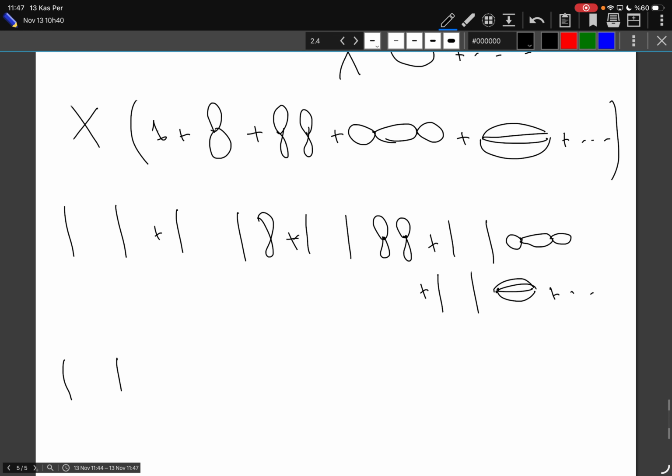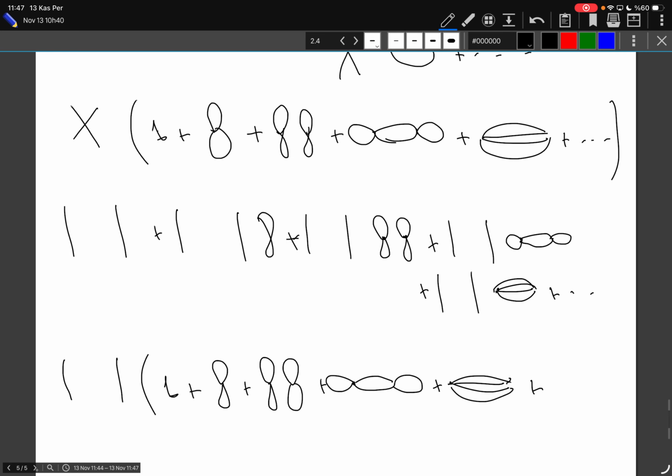Basically, I have this one times 1 plus this one plus this one plus this one plus this one plus all the higher order terms. Because the interaction term is the exponential, in the exponent I have all the higher order terms. If I imagine all possible contractions of my fields, or all my diagrams where each leg corresponding to each field is contracted with some other point, I will have all these terms.